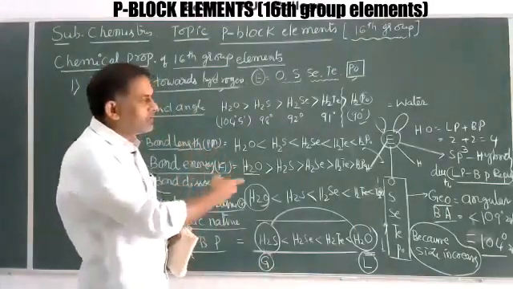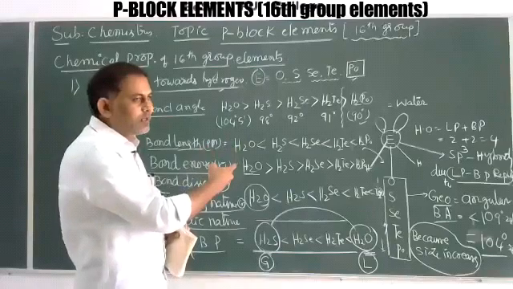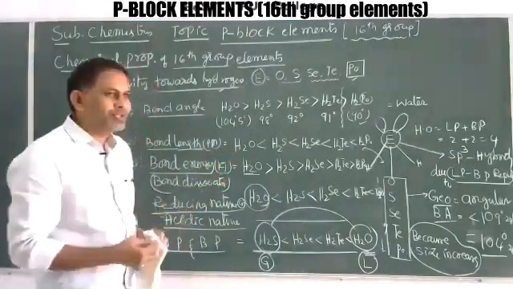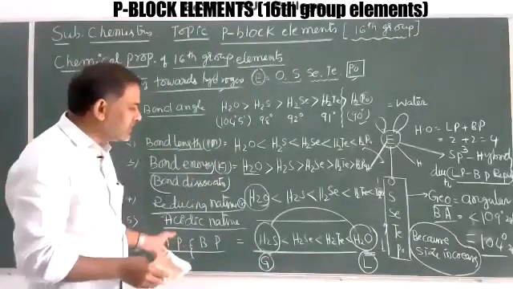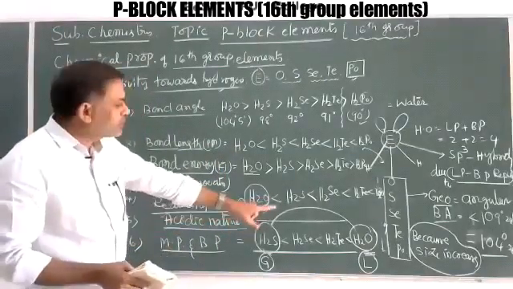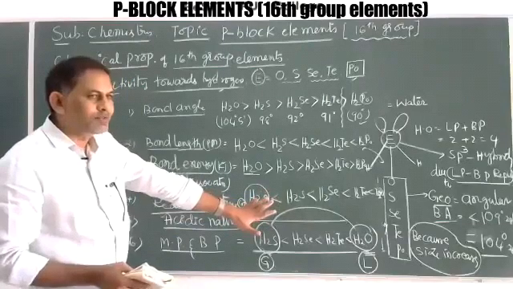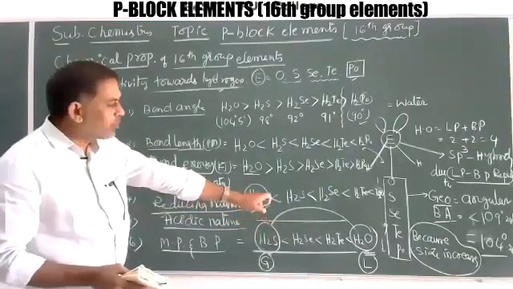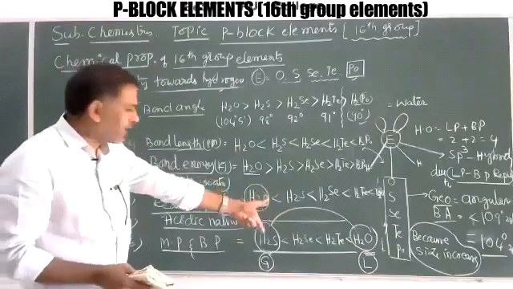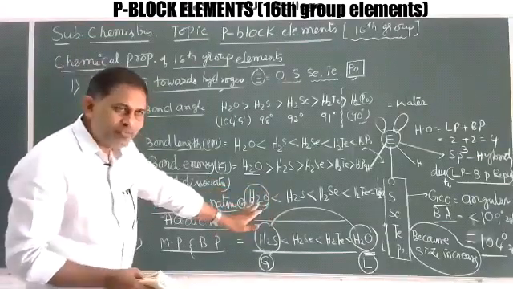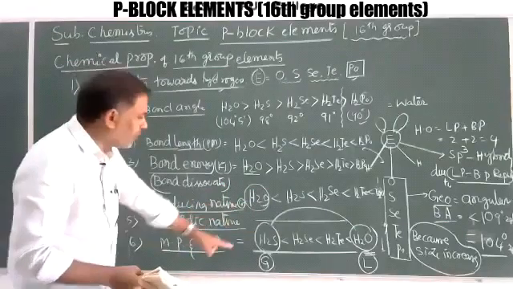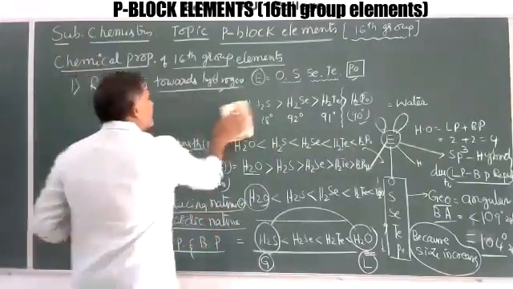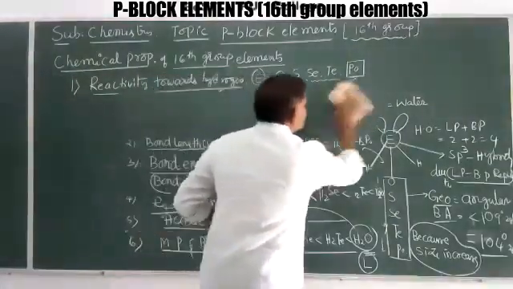In the NCERT book, in the in-text questions, it asks why H2O is a liquid and H2S is a gas. The reason is the presence of intermolecular hydrogen bonds in water, whereas in H2S there are no such bonds. Very, very important. I'll show how it forms intermolecular hydrogen bonds.